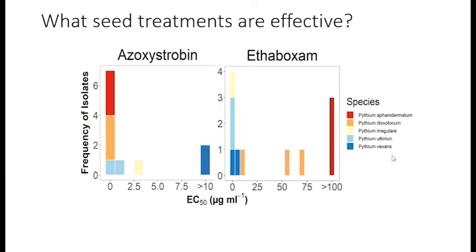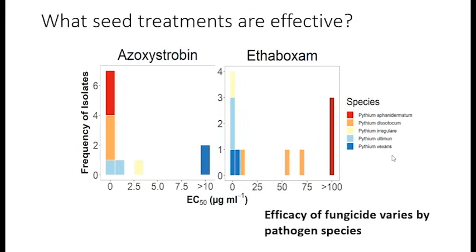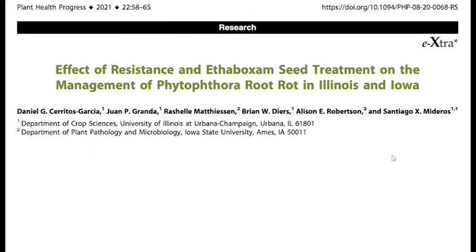Therefore, it's important to have seed treatments with different active ingredients. So as I was saying, we did some multi-location trials. Here in Urbana was one of those locations, using these seed treatments and different soybean varieties with different RPS genes to test how they were going to work. And yes, the seed treatment that we had, which had ethaboxam, metalaxyl, and iconazole, was very effective.